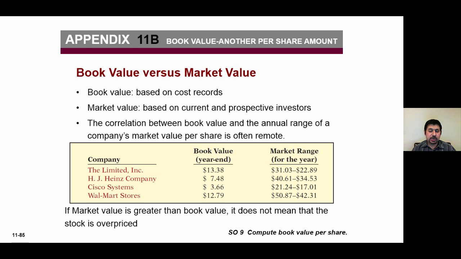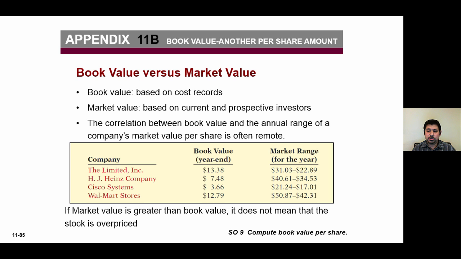It is not related. One of them is the value per books. The other one is the value according to the market, which is driven by supply and demand and by the recession, by economic situation, by similar companies in the same industry, etc.